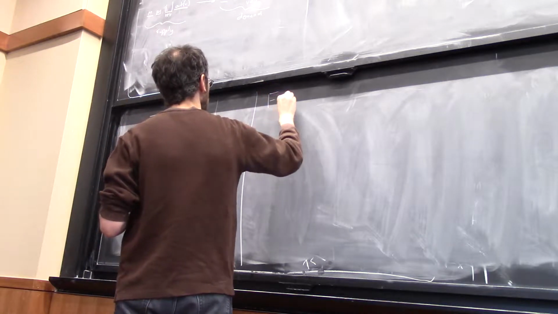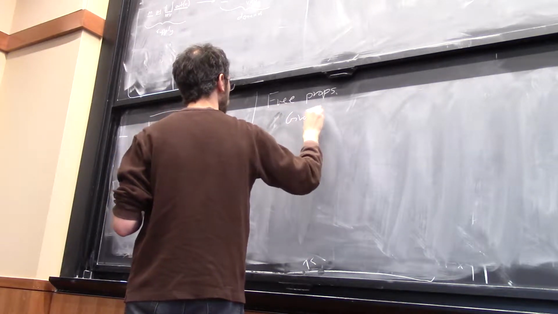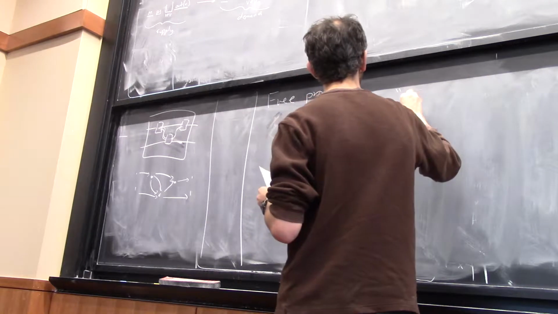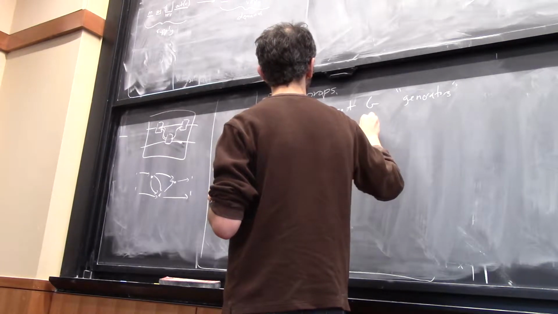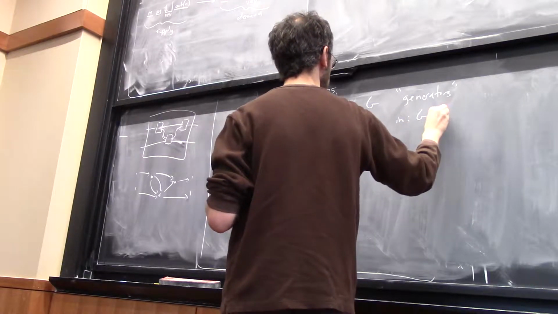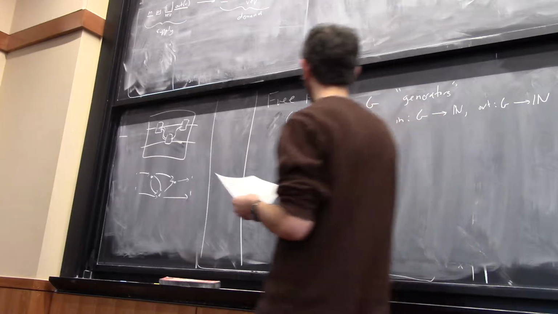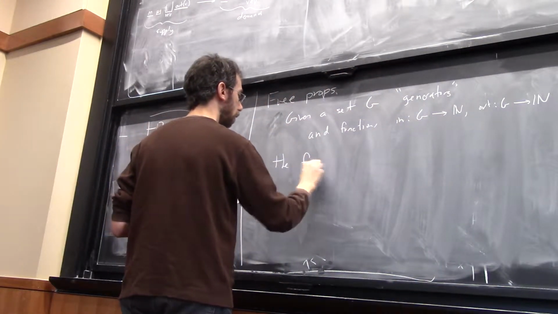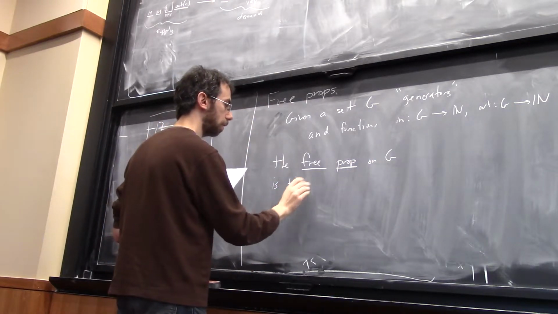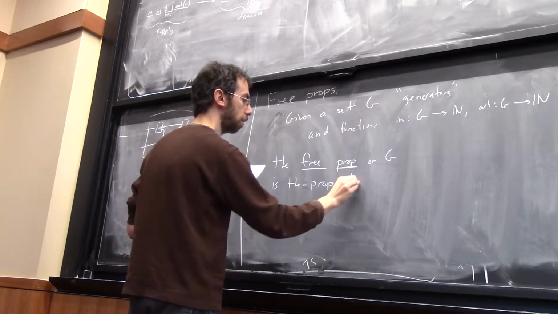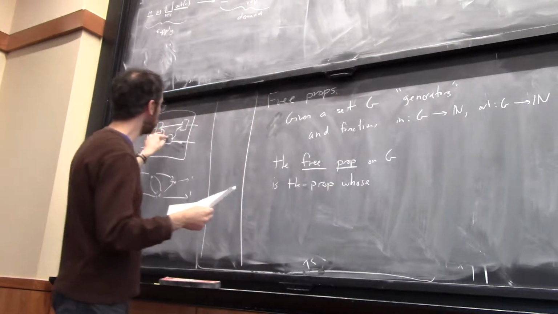So free props. Given a set G of generators and functions in from G to the naturals and out from G to the naturals, the free prop on G is the prop, which just means monoidal category where you can draw these kinds of pictures, but I have to tell you what kind of morphisms you get.